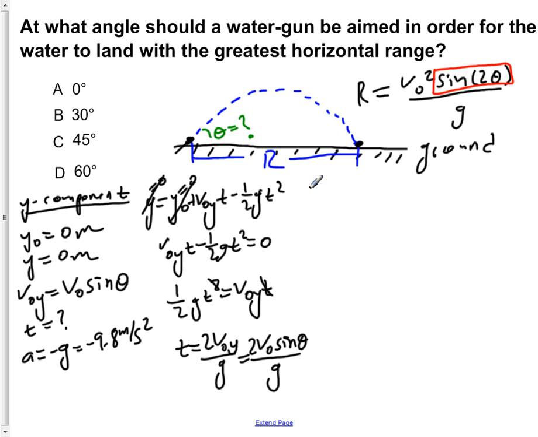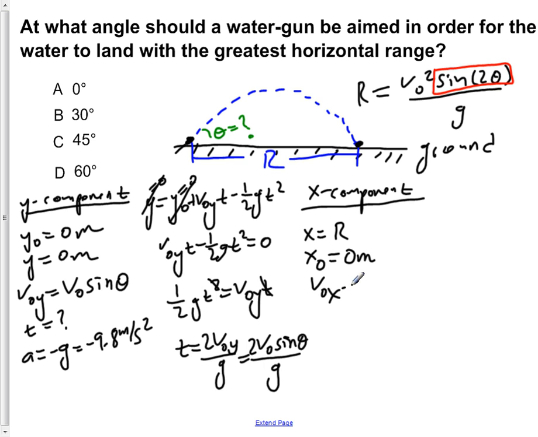Now, if we deal with the x component of its motion, we know that x is our range that we want. X naught is equal to 0 meters. We know v naught x is equal to v naught cos theta. We know a x is equal to 0. And then time is what we're going to plug in here.